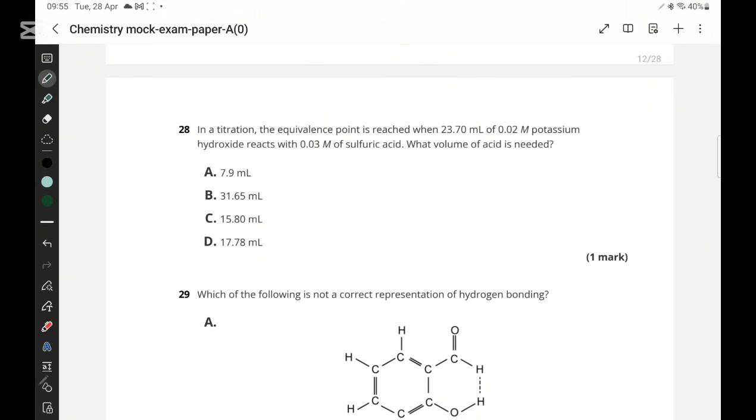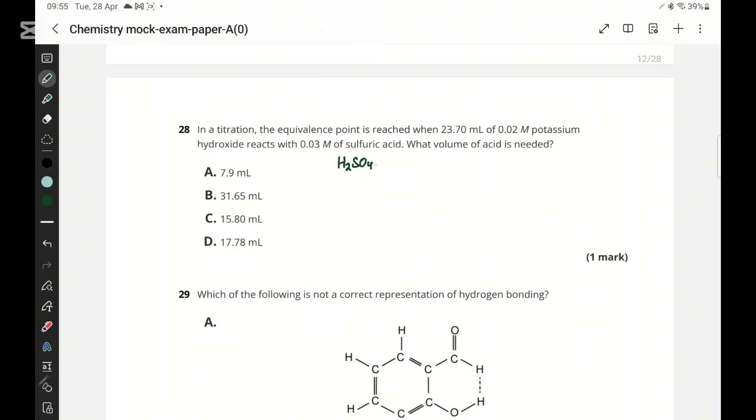In a titration, the equivalence point is reached when 23.70 milliliter of 0.02 molar potassium hydroxide reacts with 0.03 molar sulfuric acid. What volume of acid is needed? So first of all, let's write the equation.